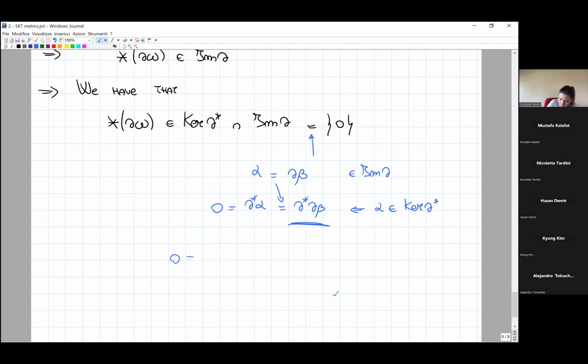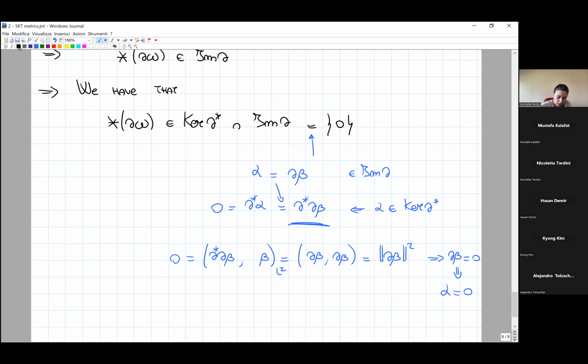So if I take the L2 product of ∂*∂beta with beta, since ∂* is the adjoint of ∂, this is just the product of ∂beta with ∂beta. So this is the norm squared of ∂beta, which means that ∂beta is equal to 0, which means that alpha is 0. So in the intersection, you just have 0, okay?